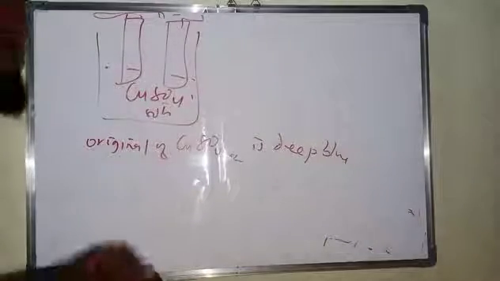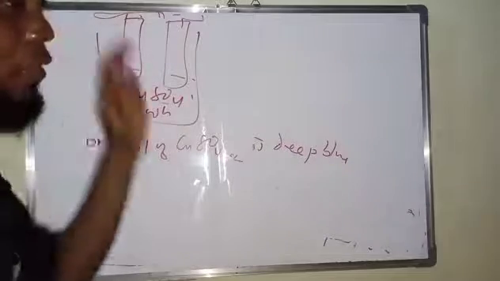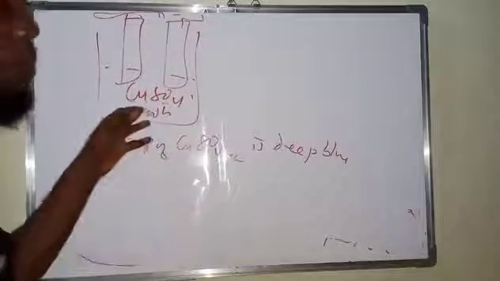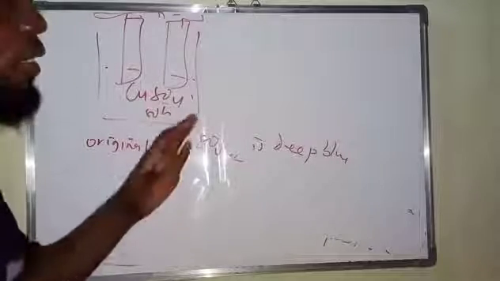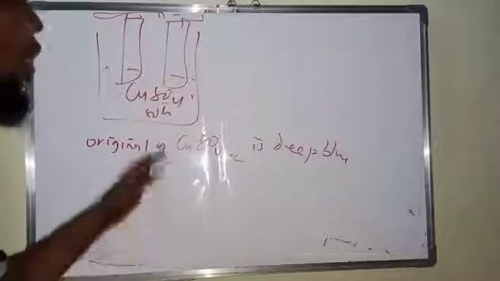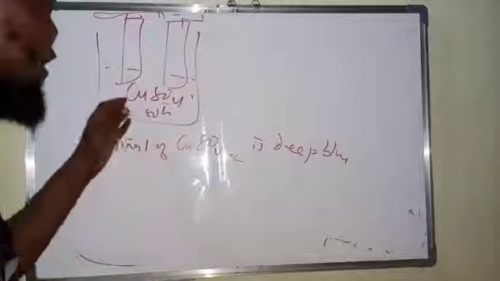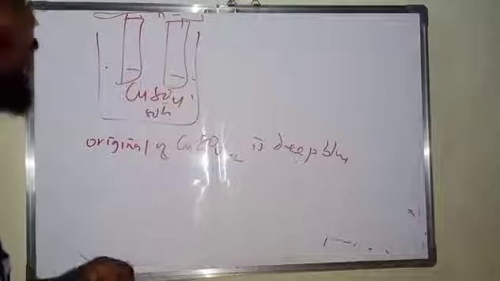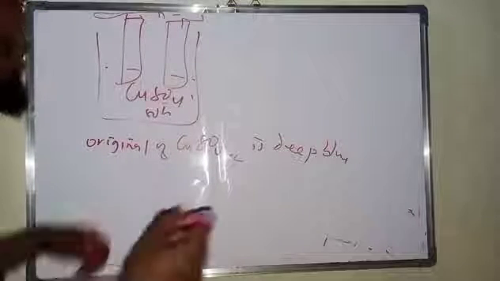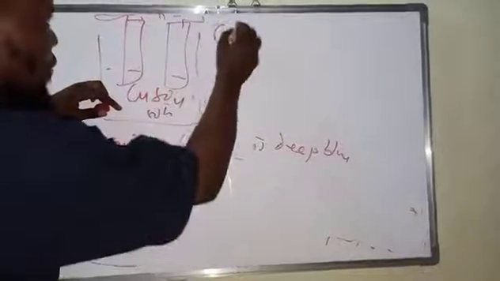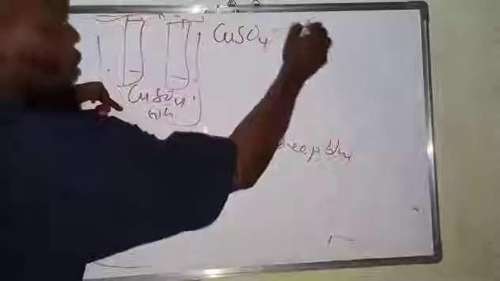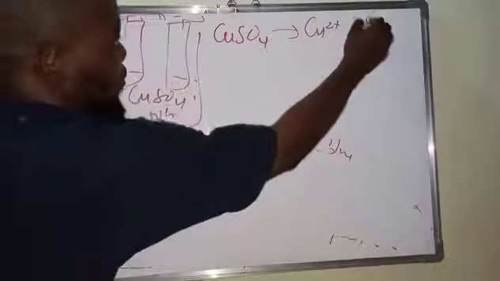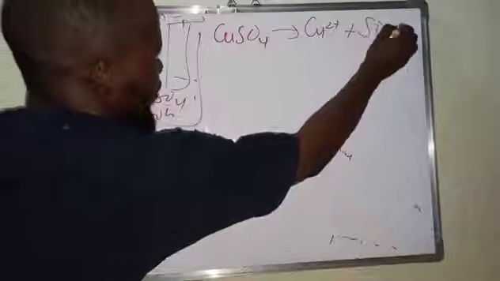Simply put, for them to have specified platinum electrodes in a copper sulfate solution, it means it's an inert electrode. They are telling you that the electrode will have no interference with the reaction here. So copper sulfate will ionize to give copper(II) ion plus sulfate ion.